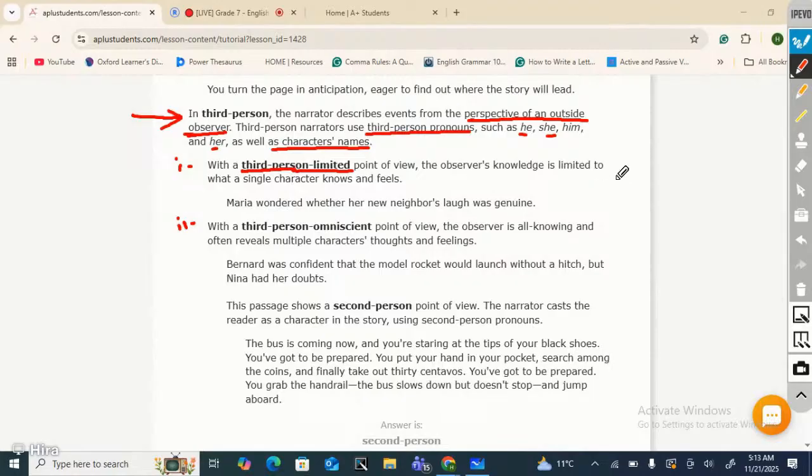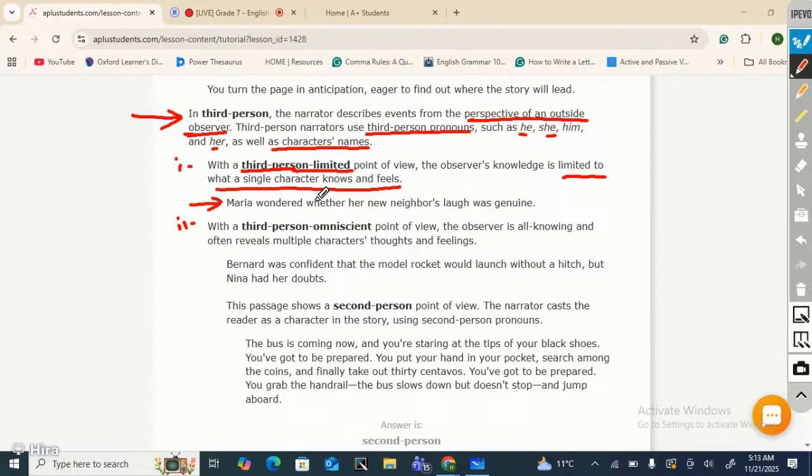His knowledge is limited to what a single character knows and feels. Like this, the third person observer can just describe a single character's feelings and whatever that single character knows.